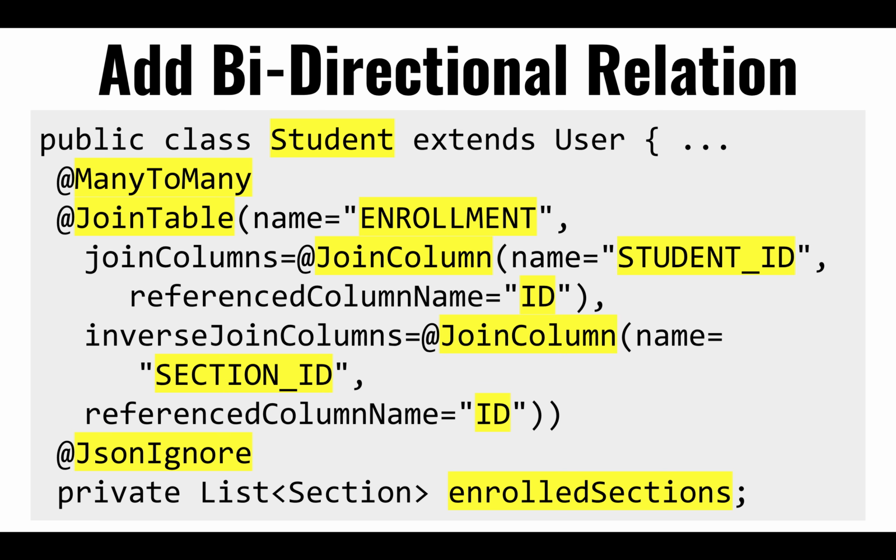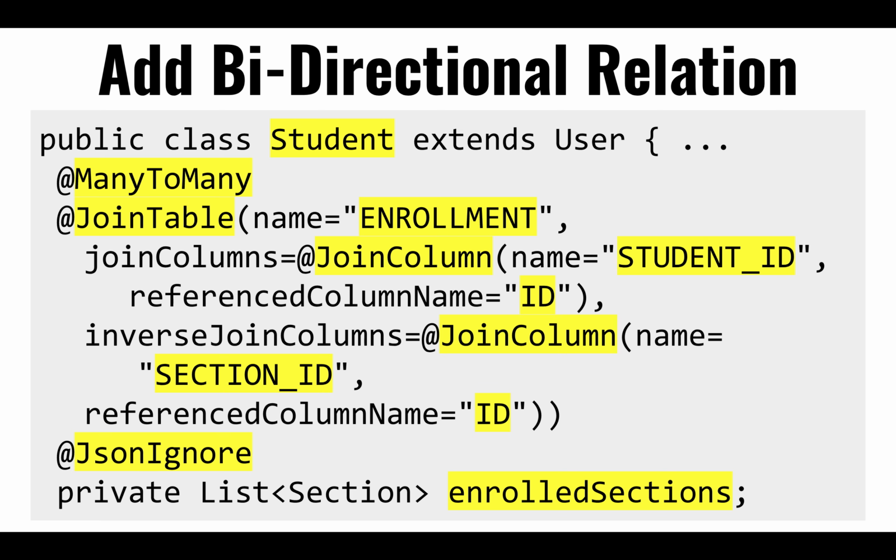We can configure the names of those foreign keys. They will be foreign keys. The names are going to be student ID and section ID, referencing the ID fields of those other tables. Also notice I'm putting JSON ignore again, otherwise you go into an infinite loop.